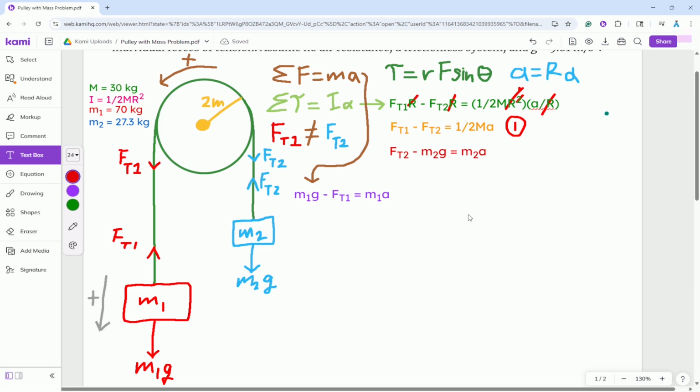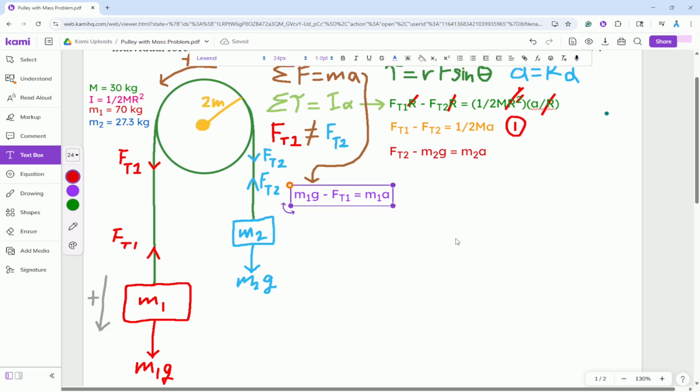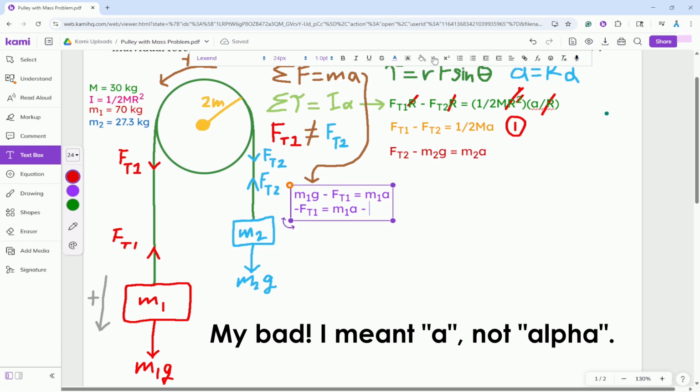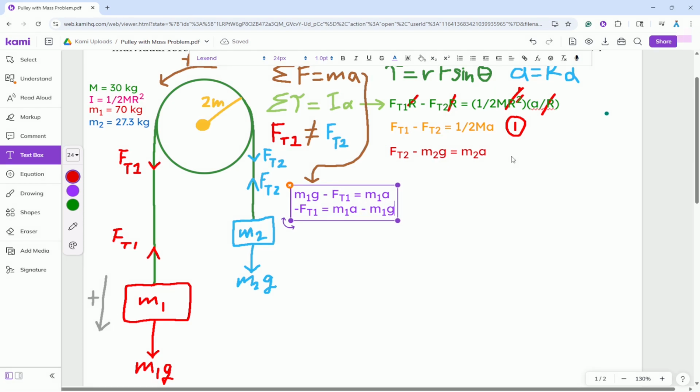We could solve for the force of tension. So if we just subtract M1G from both sides, we're actually going to get that negative FT1 is equal to M1A minus M1G. Right? So if we just subtract M1G from both sides, you're going to get that.